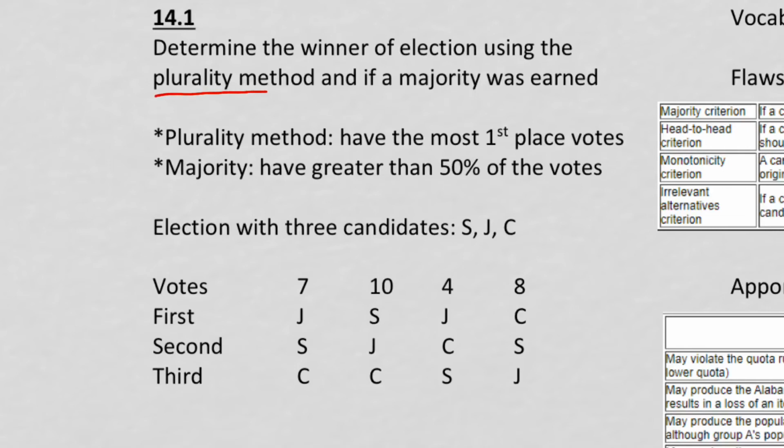In this case, we're just going to focus on the plurality method, which seems to be confused with the plurality with elimination. All right, so we're just going to do the plurality method. Remember, it's just the most first place votes, and the majority. To achieve the majority, you have to have greater than 50% of the votes.